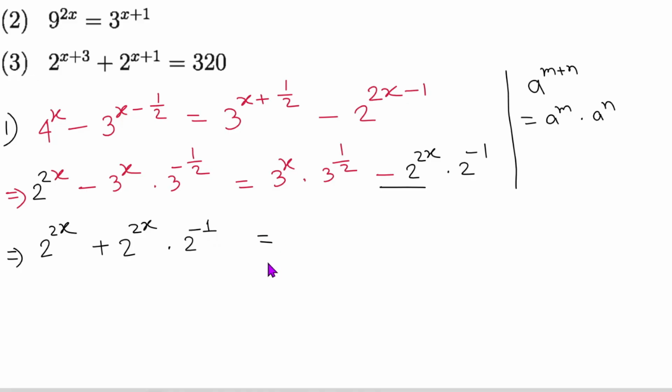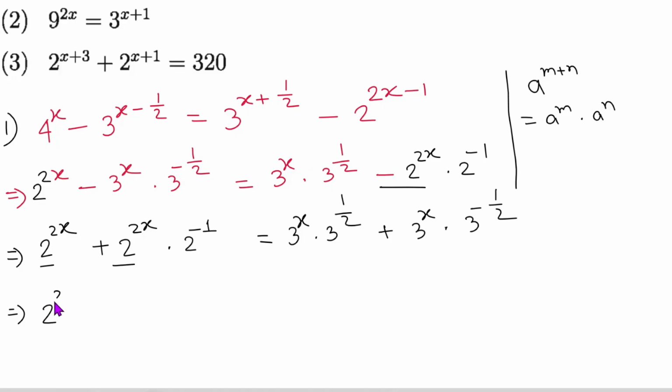And then here 3 to the power x times 3 to the power 1 by 2, and this minus will become plus 3 to the power x times 3 to the power minus 1 by 2. So we can take common this one, 2 to the power 2x.